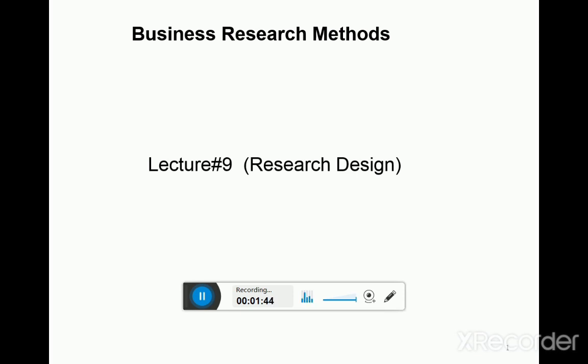Then we discussed the 2 parts of literature review. One was the literature survey, and the other was how to write up the literature review.